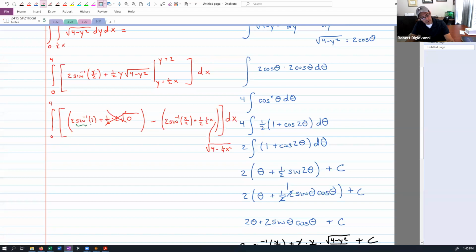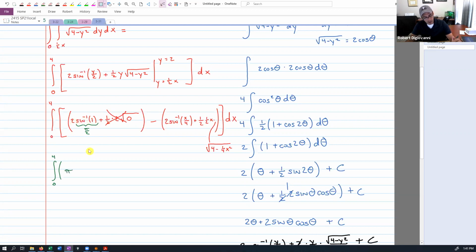Okay, so arc sine of 1, what is that? At what angle is sine 1? Pi over 2. So this is pi over 2. All right, so let me see if I can get a grasp on what we have here. 0 to 4. This part gives you pi over 2 times 2, so this is pi.